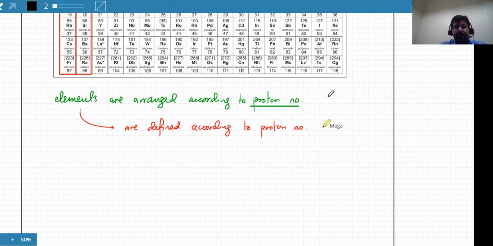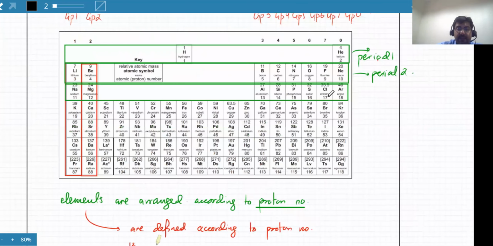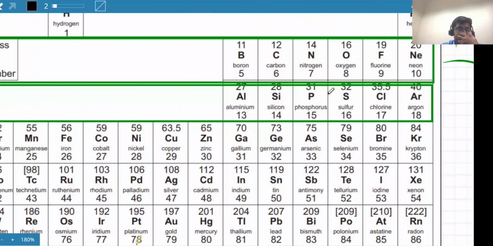So for example, if you have carbon, no matter what the atom is, carbon could be 6 and 12. This is one type of carbon. There could be several different types of carbon. This is the one that's given in the periodic table, the one that's more abundant.